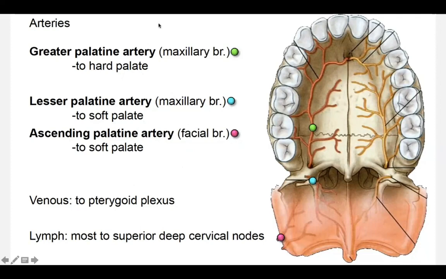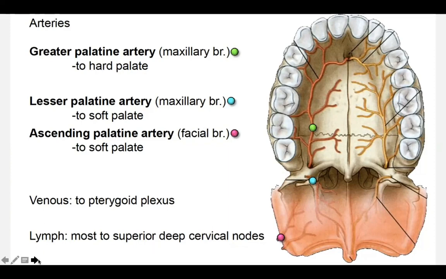We are ascending upward, and the pharyngeal has to ascend to reach the palate, the ascending pharyngeal artery. And when we go to the vein, there is the same P, pterygoid plexus, and then lymph goes to the superior deep cervical nodes. There are inferior and superior.